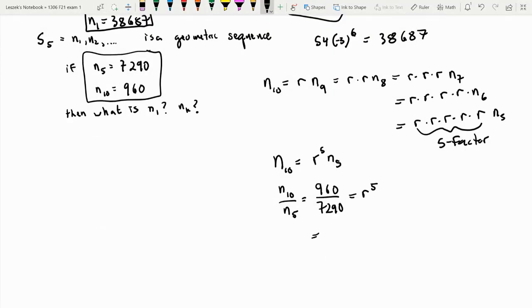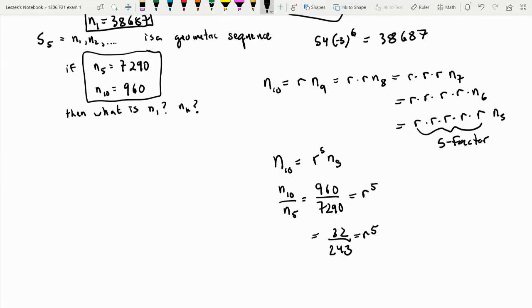So this, I believe on our calculators, reduces to 32 over, what is 3 to the power 5? 243. And then to get r, I guess you would have to take the fifth root of both sides. And this turns out to be on the calculator 2/3. Yeah. So we found the common ratio.